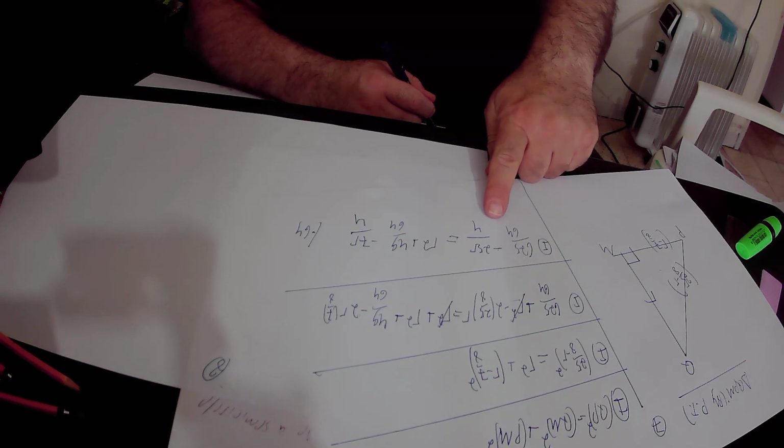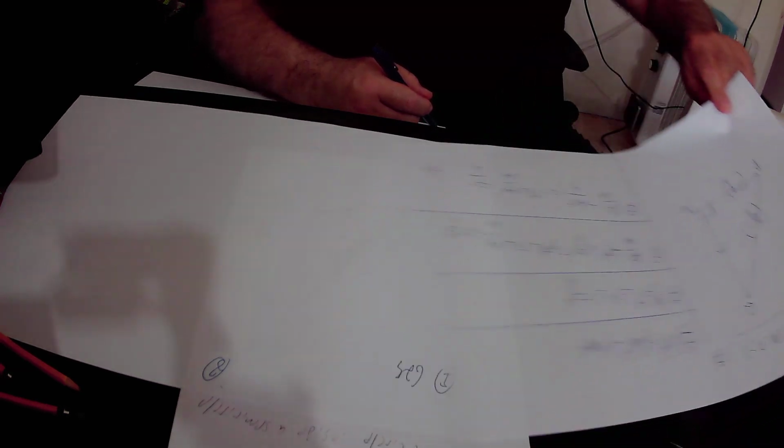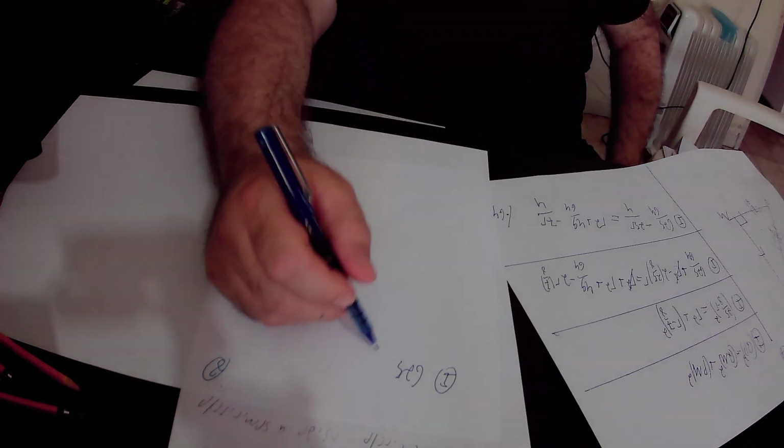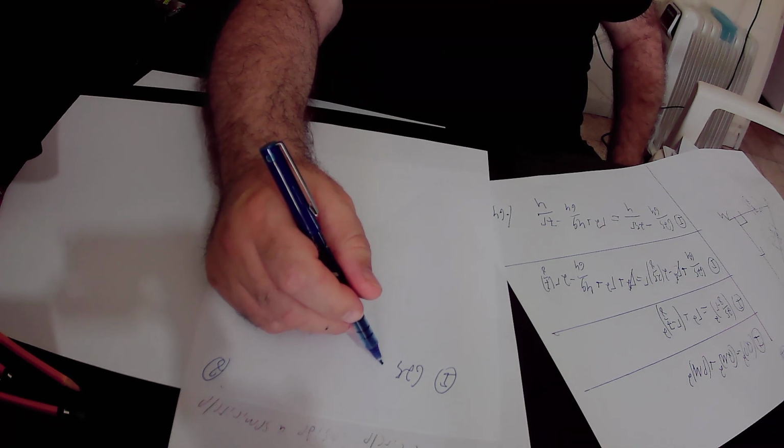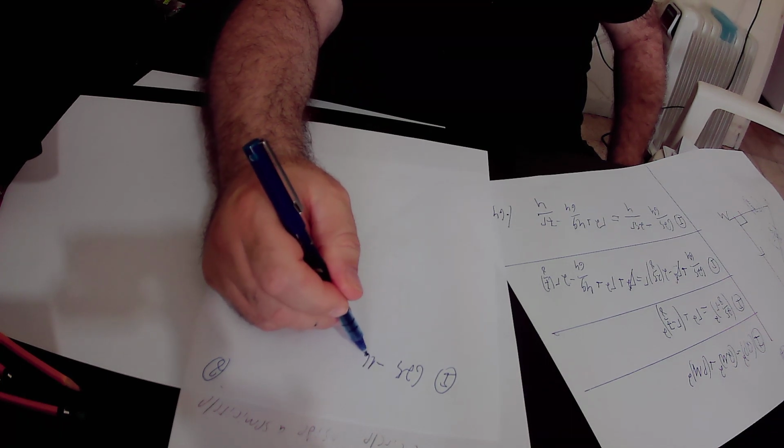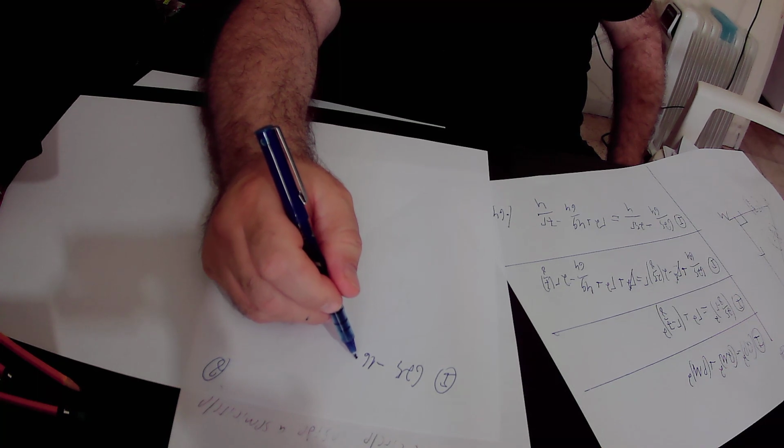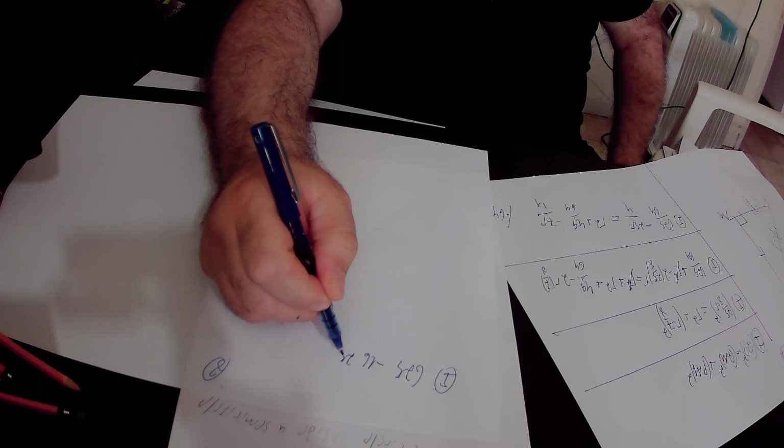So this expression in total is equal to minus 16 times 25r.